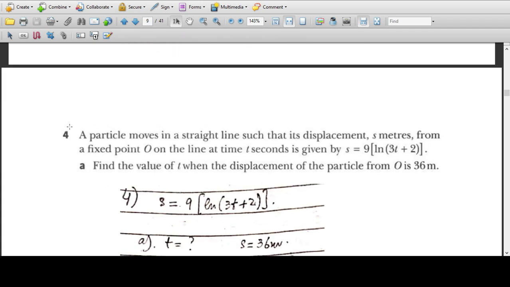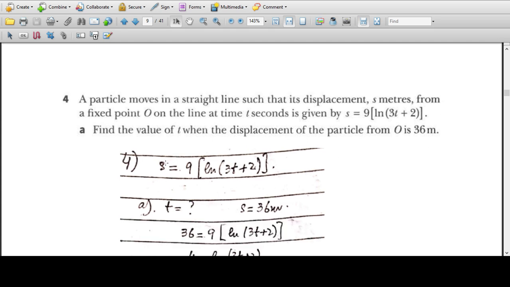Now question number 4. A particle moves in a straight line such that its displacement s meters from a fixed point O on the line at time t seconds is given by s equals 9 ln(3t plus 2). Find the value of t when the displacement of the particle is 36 meters. So at s equal to 36 we have to obtain the value of t.